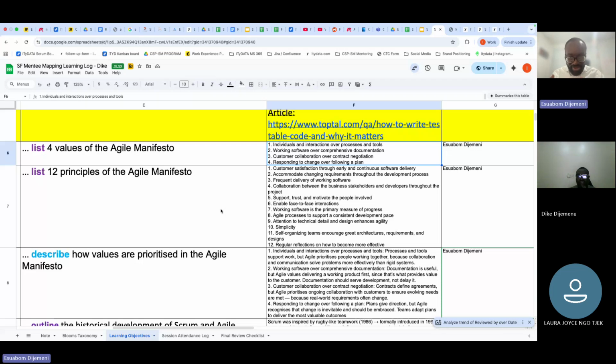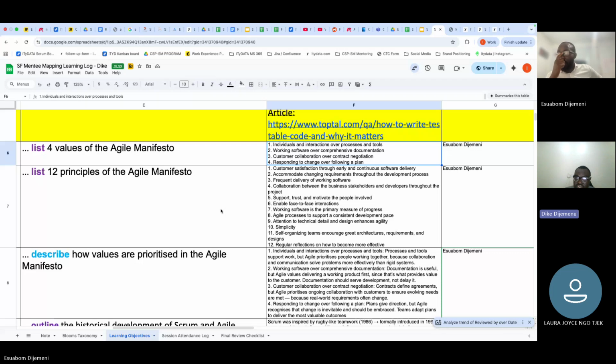Let you continue your flow. I highlight the 12 principles. The first is customer satisfaction through early and continuous software delivery. So basically, this means at least presenting usable products. Like I said before, it corresponds to working software over comprehensive documentation.